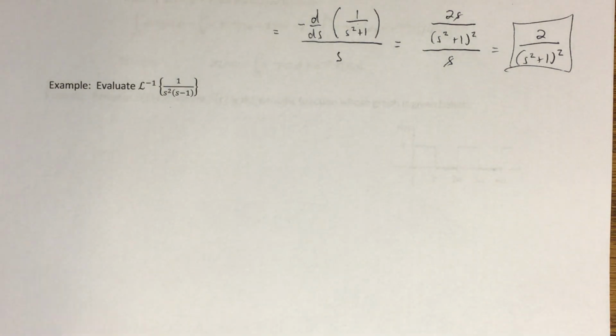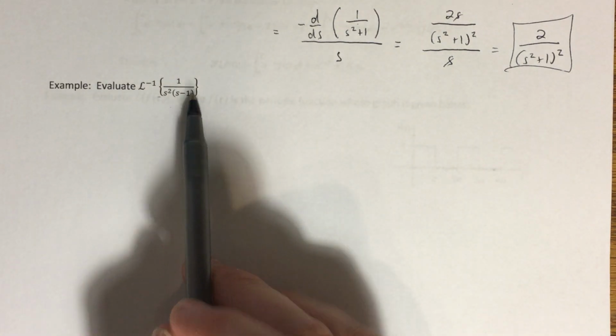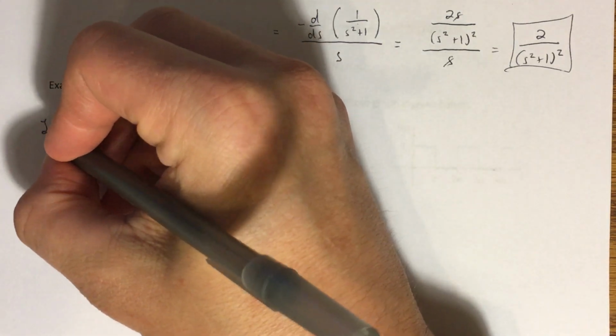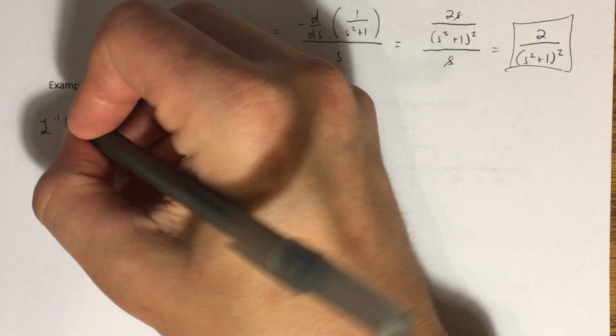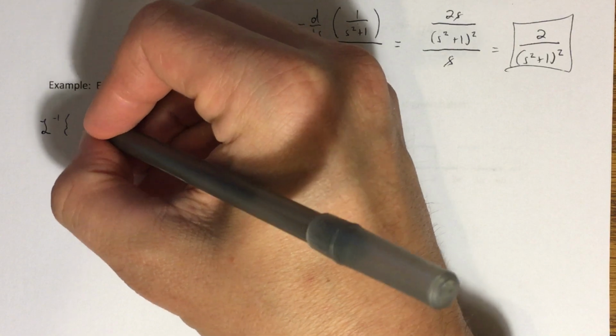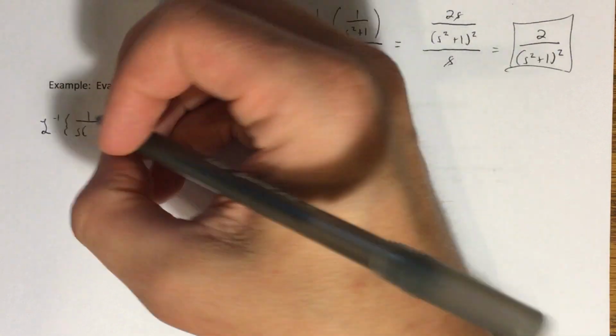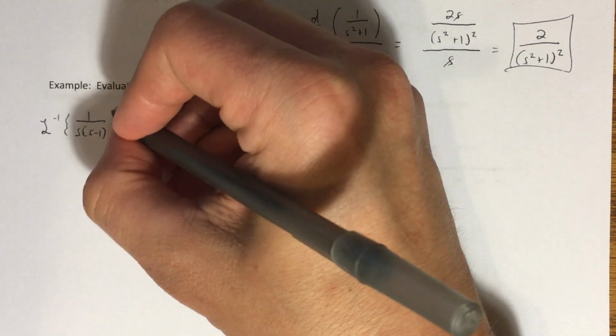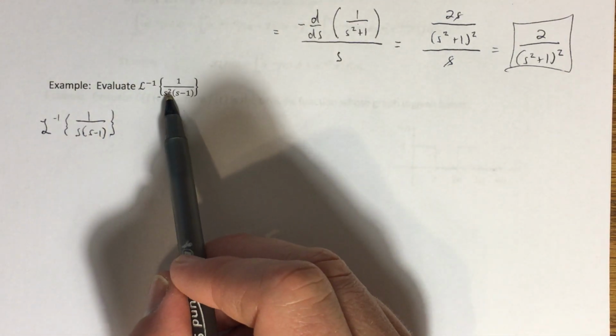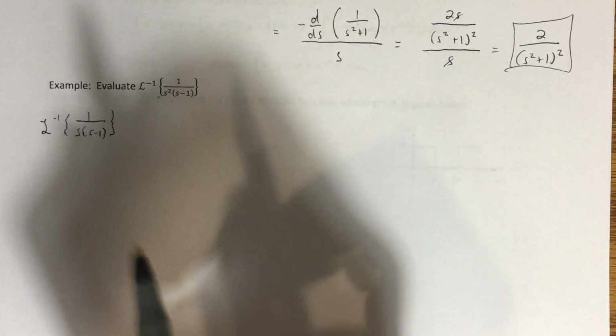So to see how that works, before I deal with this one, I'm actually going to start by dealing with a very similar looking inverse Laplace transform, 1 over s times s minus 1. So I want to start by looking at what happens if this power is equal to 1.